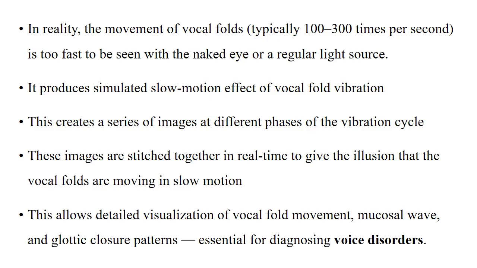If anybody wants the details of this procedure, they can search the internet or YouTube, and it will be available. But the problem is, as far as I know, I don't think this procedure is available in Pakistan.